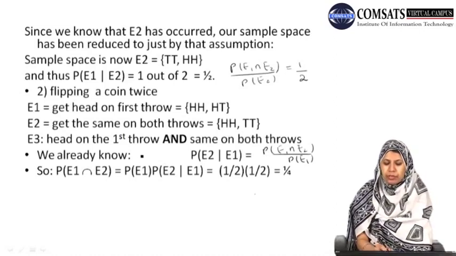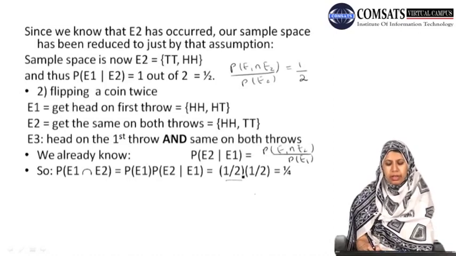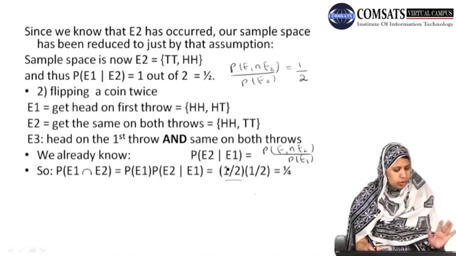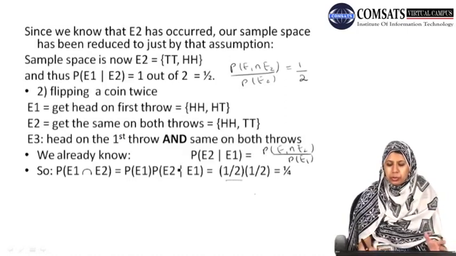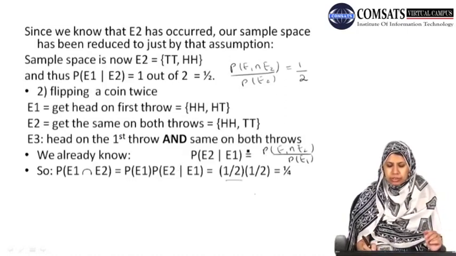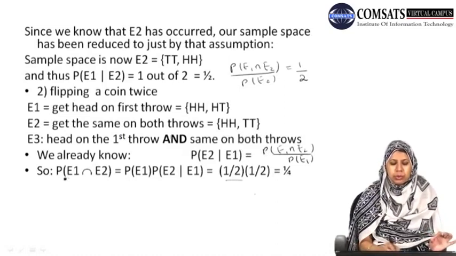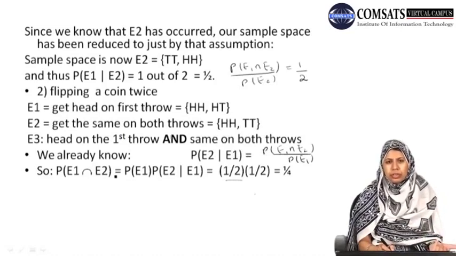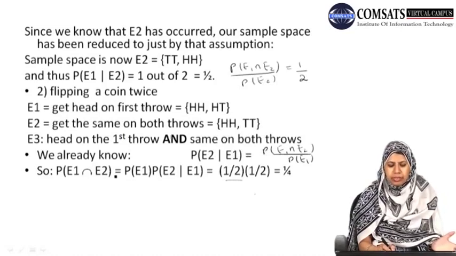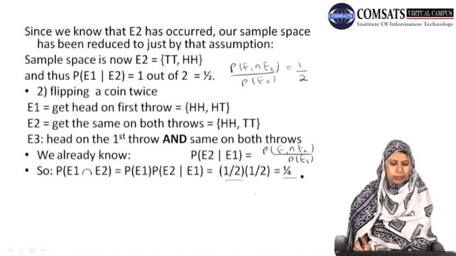The probability of event E1 is 1 by 2 and this conditional probability is also 1 by 2, which we have just calculated. So the probability that both the events will occur simultaneously can be calculated by using the formula of conditional probability of dependent events, and we obtain our answer as 1 by 4.